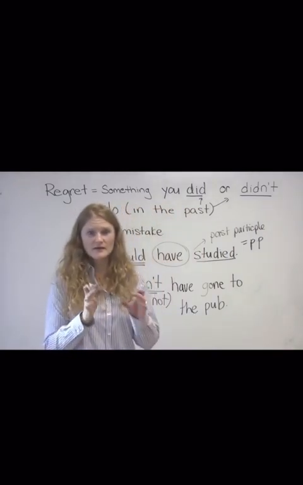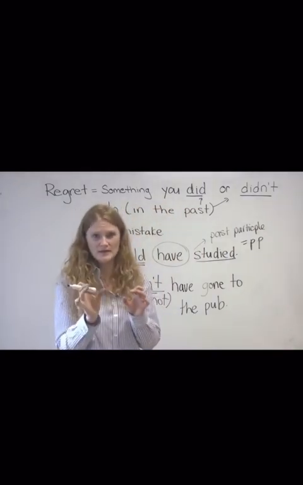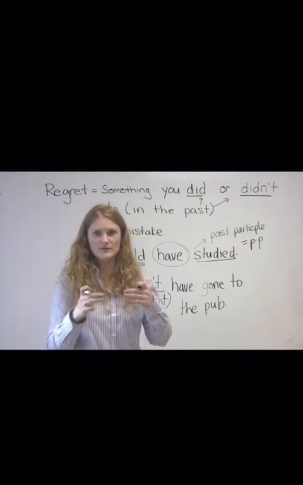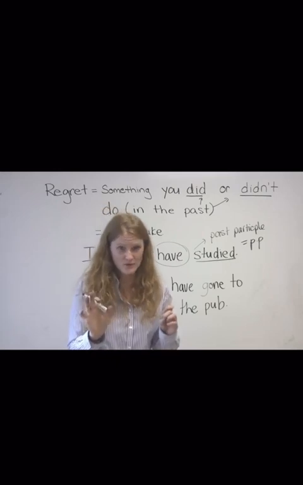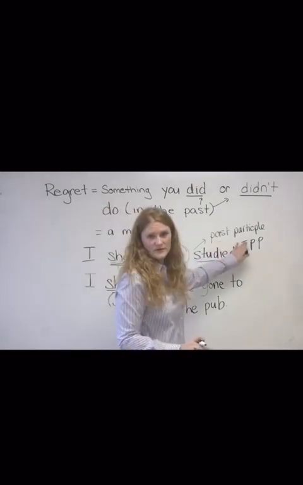In a short form, we always say PP. So if you hear me refer to a PP, I don't have to go to the toilet. It just means the past participle of the verb.